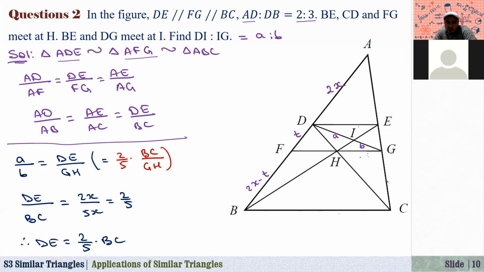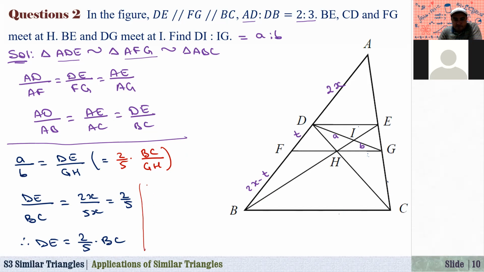BC over GH equals this over this, or equals T over 2x. So we need to find 2x.